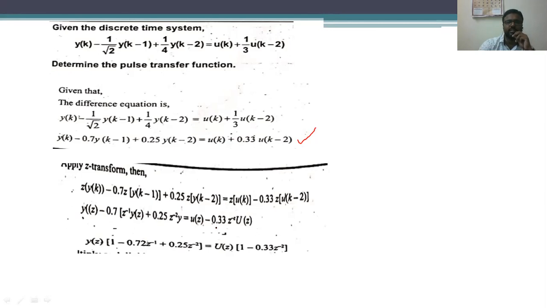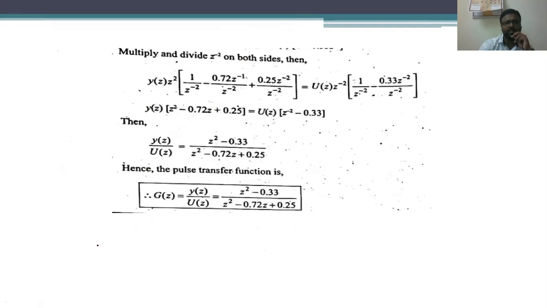Separating the values of Y(z) and U(z), we have Y(z) into 1 minus 0.7 z inverse plus 0.25 z power minus 2 is equal to U(z) into 1 plus 0.3 z power minus 1. After certain simplifications, we get the value of Y(z) divided by U(z), because Y(z) is the output and U(z) is the input.